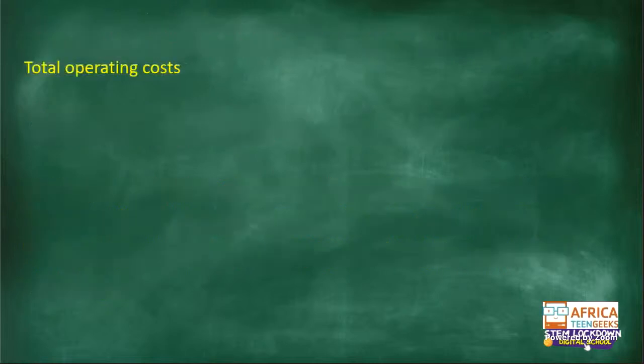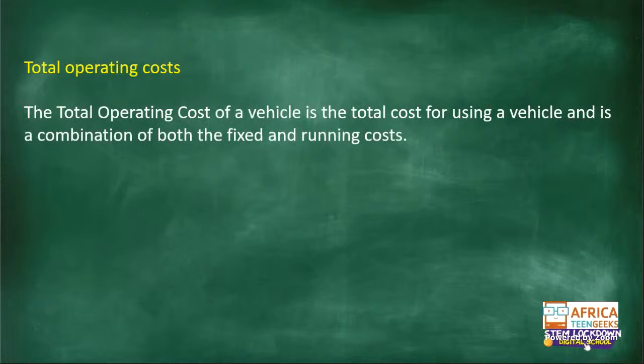Now, we are going to move to the total operating costs. Now that we've looked at the running costs, we are moving to the total operating costs. The total operating cost of a vehicle is the total cost for using a vehicle, and it's a combination of both the fixed and running costs.